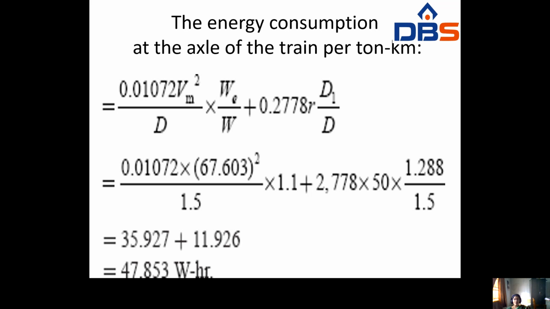When we solve this, you can get 35.927, and when you solve the other term, you get 11.926. By adding these two, 35.927 plus 11.926, you get 47.853 watt hours. This is the energy consumption at the axle of the train per ton kilometer.